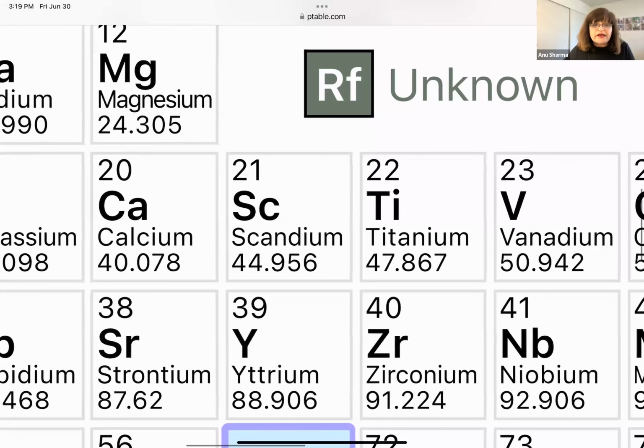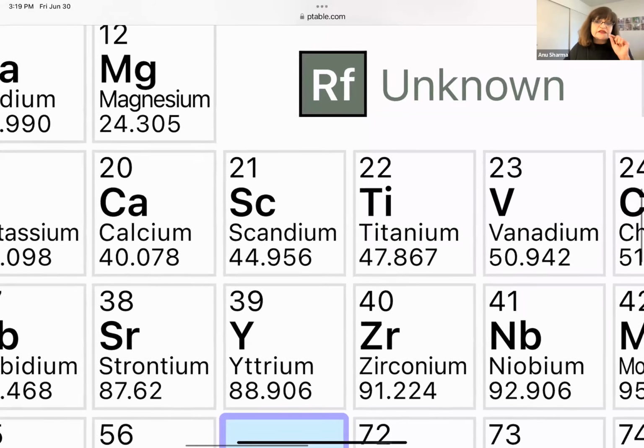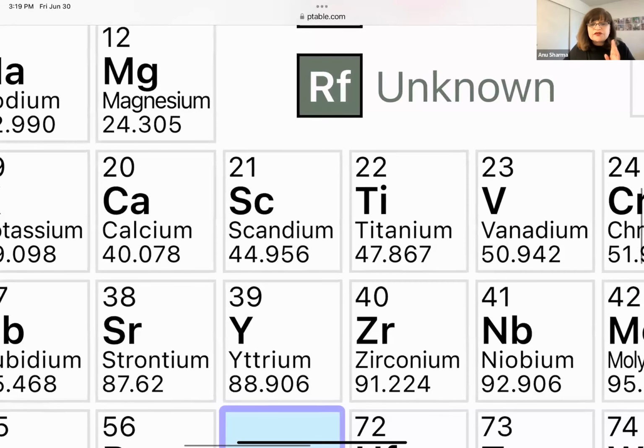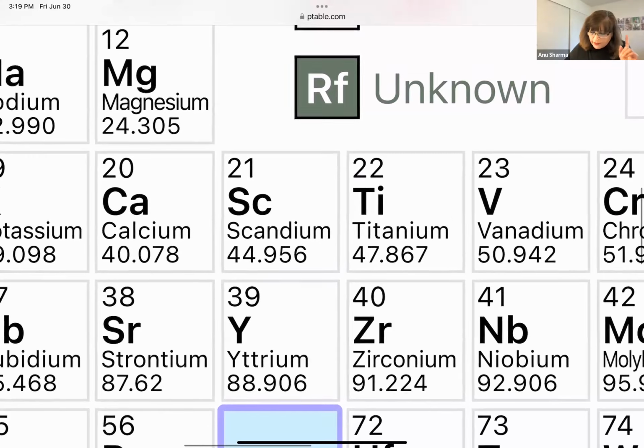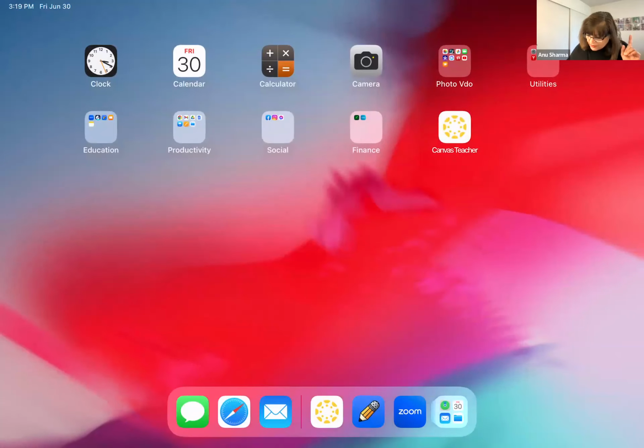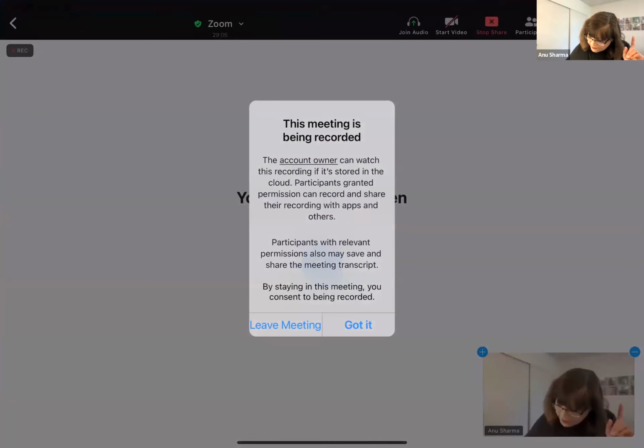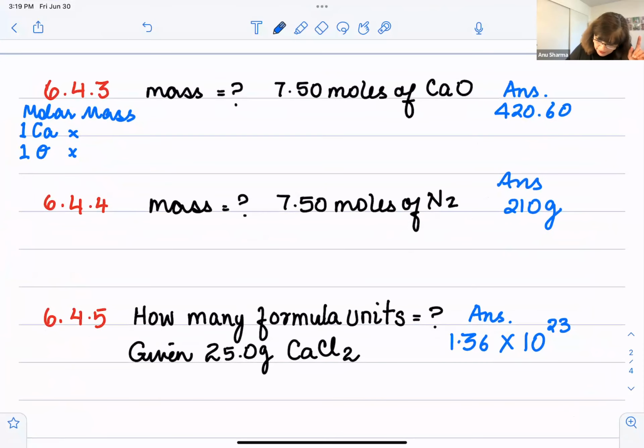Now your book is using the exact numbers, the decimals. That's why there's a slight change in the answers, in the decimal points, but that's fine. So calcium is 40 and oxygen is 16.